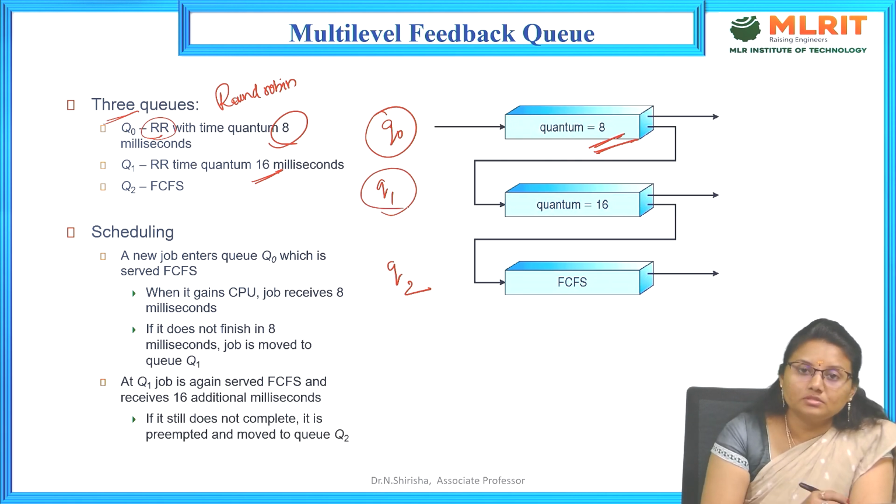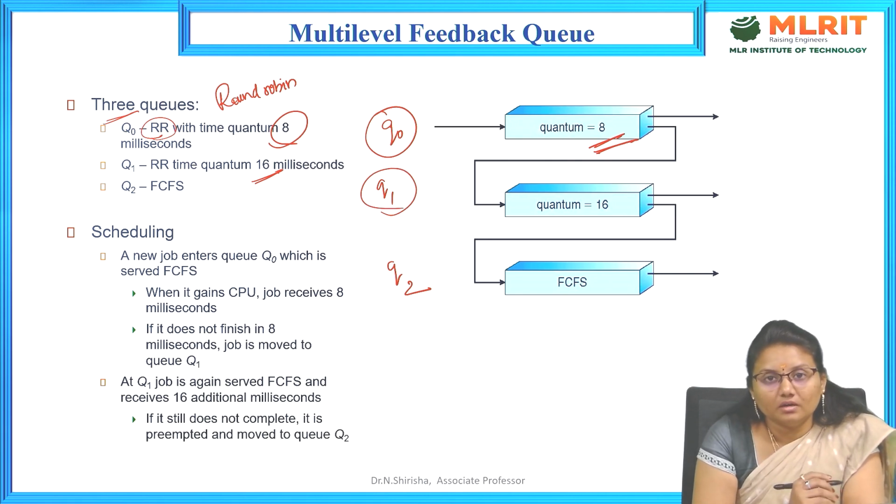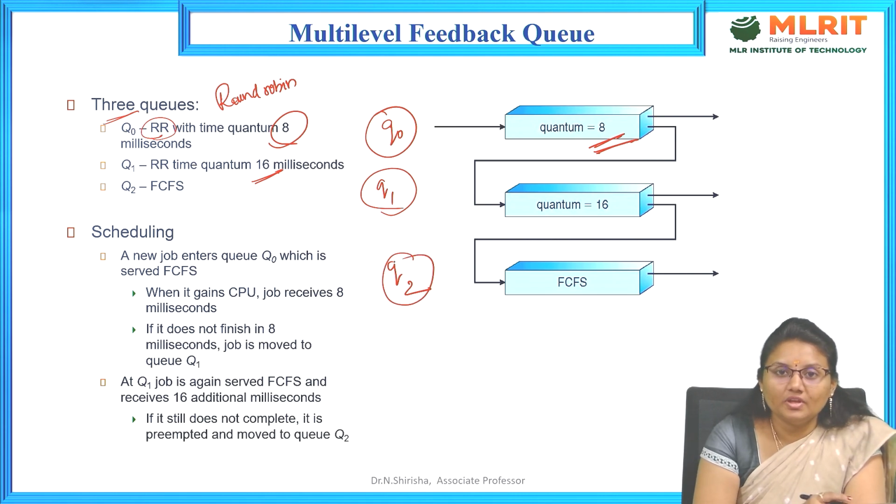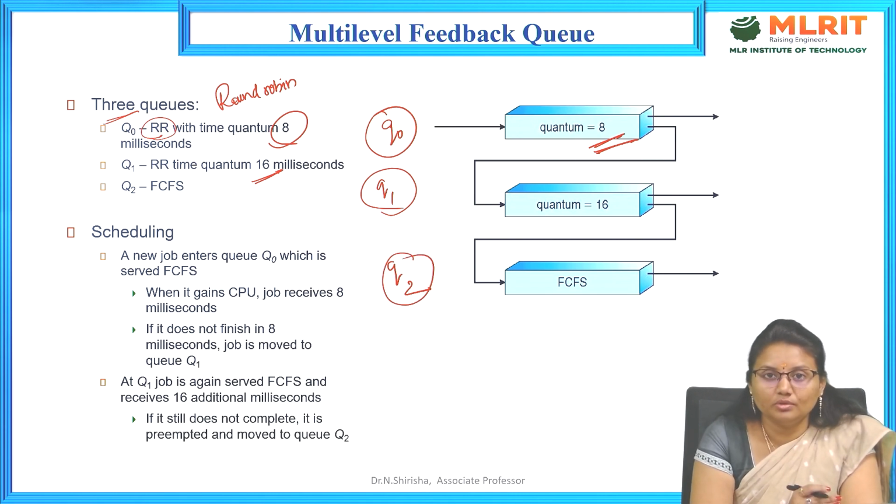And those processes having the least priority can go to Q2. In that way, we are classifying Q0, Q1 and Q2 based upon their burst times and the time slices.